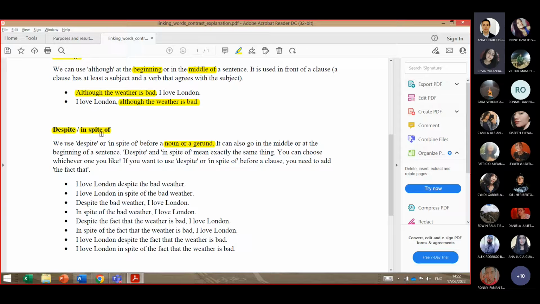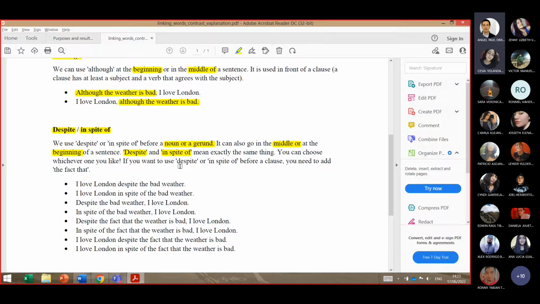Pero estos los utilizamos antes o tienen que estar antes de un sustantivo o un gerundio, ¿sí? Ya, pueden estar en el medio de la oración o al principio también, ¿sí? So, despite and in spite of significan lo mismo, ¿no? Entonces, pueden ustedes escoger cualquiera de los dos, cualquiera que les guste, ¿no?